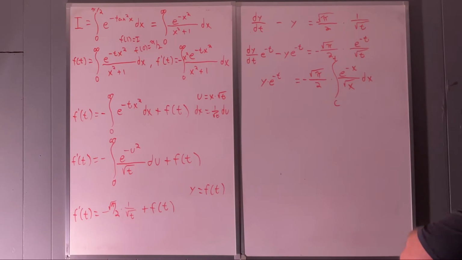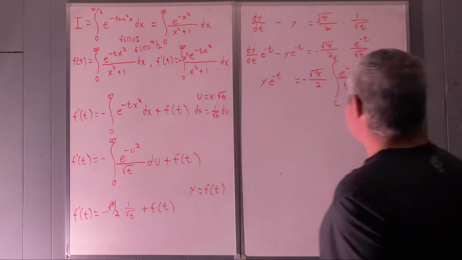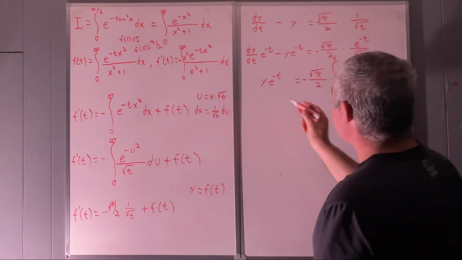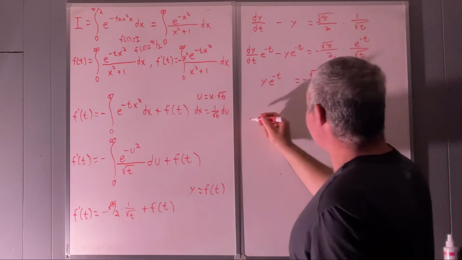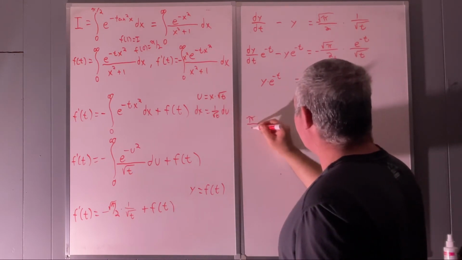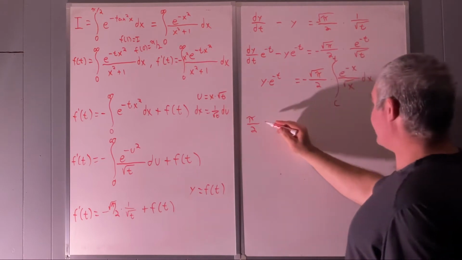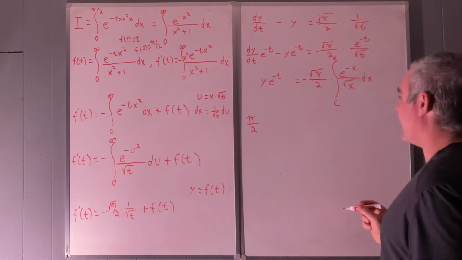But now we need to get rid of this c somehow. We need to find out what that c is going to be. That's a nasty place for that c to be, but let's just see what happens if we use the standard techniques. We know that our function of t evaluated at 0 is equal to pi over 2. So if we plug in 0 for t, on this side we would get pi over 2 times e to the negative 0, which is just 1.